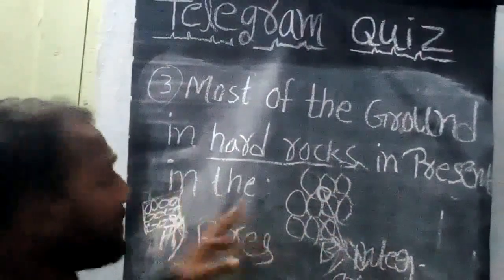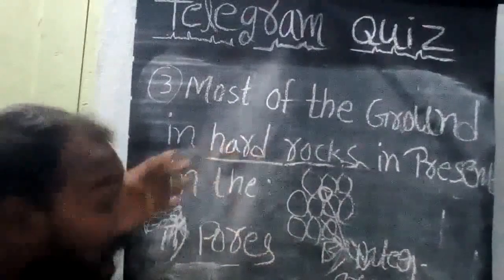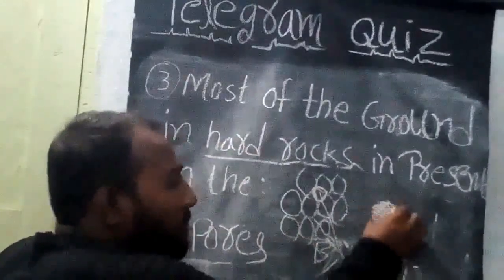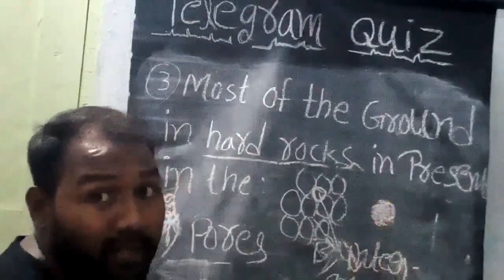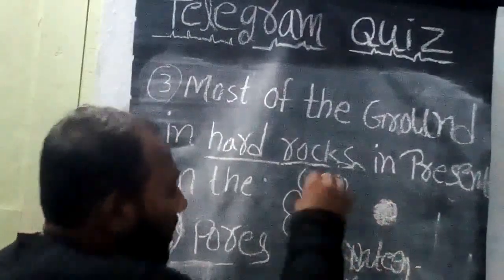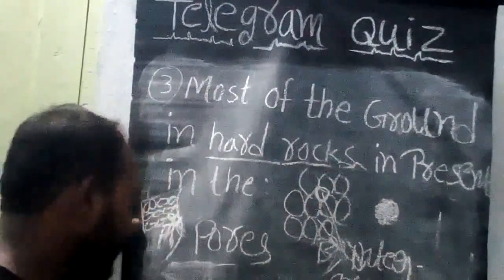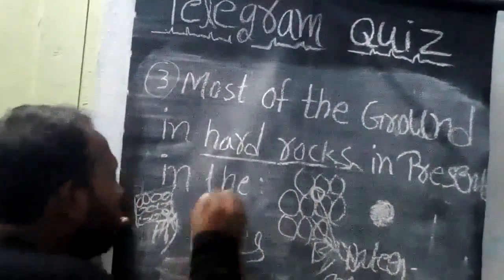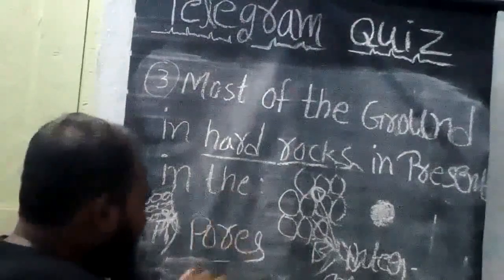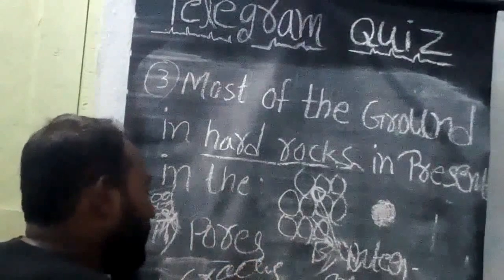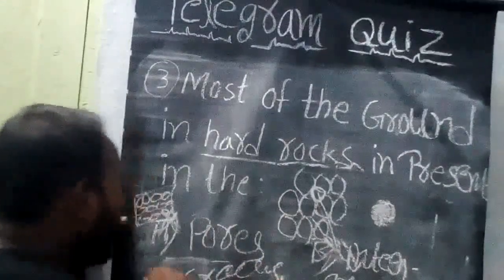Hard rocks do not have these spaces because they are compacted grains, so there is no space to allow water. So intergranular spaces is also a wrong answer. Next, cracks and joints, the third option.